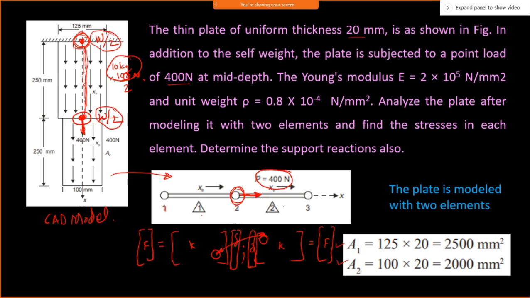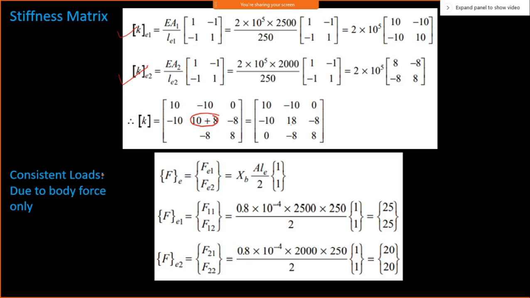Then in a similar fashion I can have the weight of this one, maybe W1 and W2 for the second. It will be divided in half, W2 by 2 here and W2 by 2 there. That is what I need to put into the equation. So how to calculate the weight? Weight is nothing but density into volume, and volume is area into length.